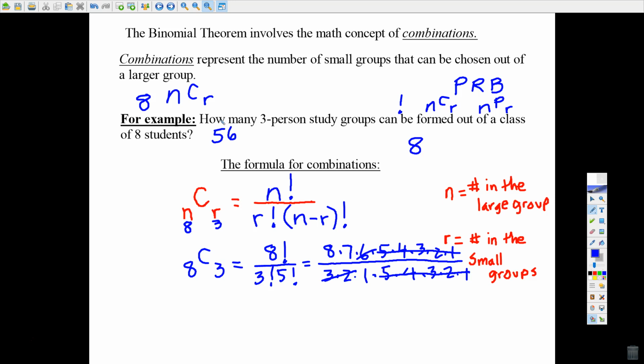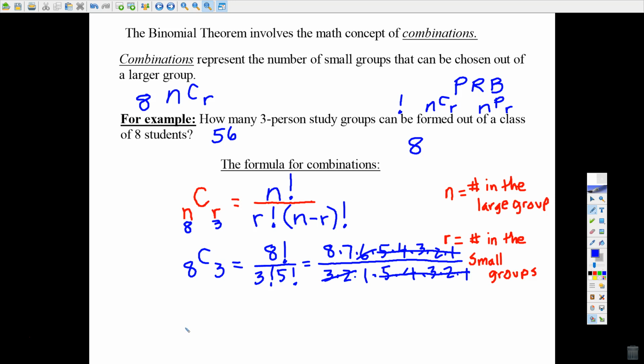Just hold on to it. Okay? Any questions about, first of all, what a combination is and how to get to it pretty easily with your calculator? Any questions? Yeah. That's actually a good question. The P stands for permutations.